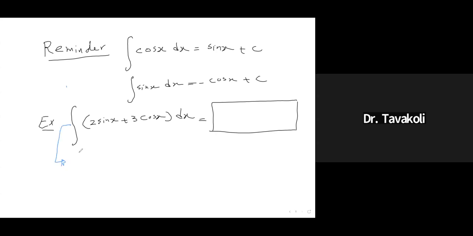So here first I split this integral as two integrals because they have been added to each other. So the integral of 2 sine x plus the integral of 3 cosine x.